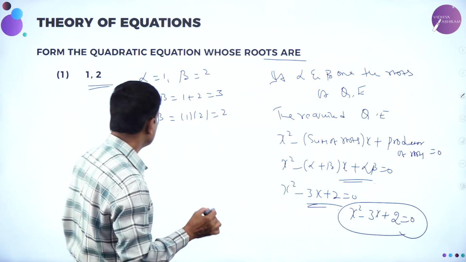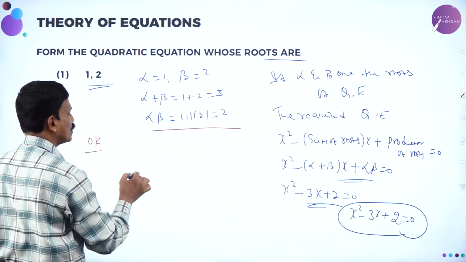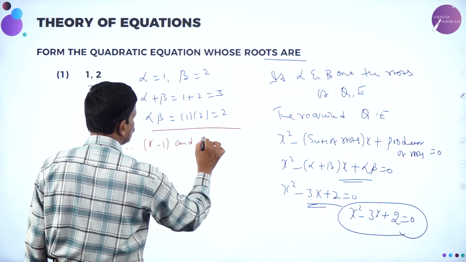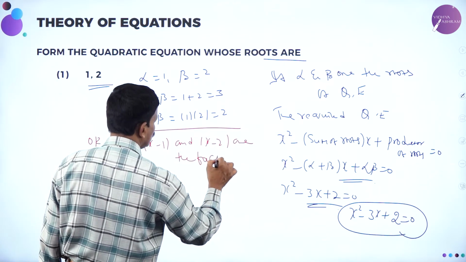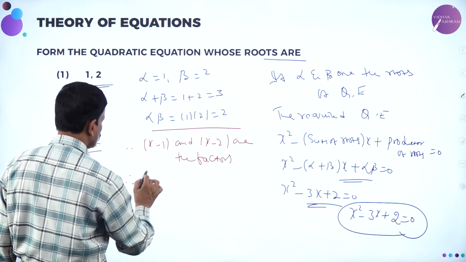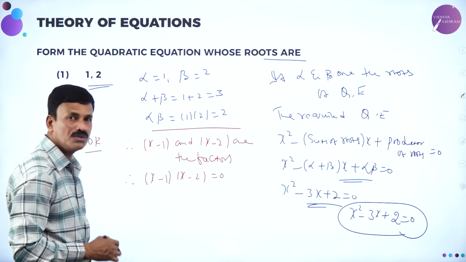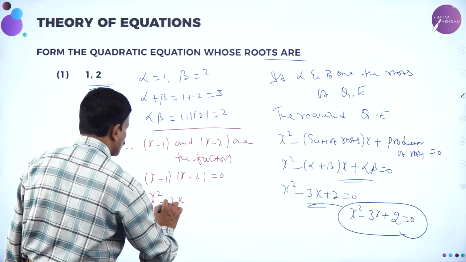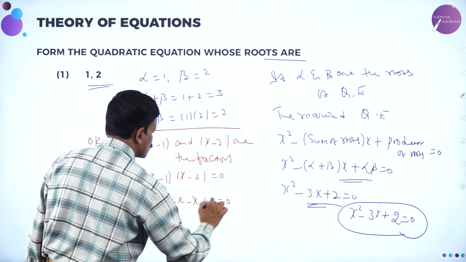Another method is also there. Since 1 and 2 are the roots, therefore x minus 1 and x minus 2 are the factors. So therefore x minus 1 into x minus 2 is equal to 0. Simplify this. X into x is x square, x into minus 2 is minus 2x, minus 1 into x is minus x, minus into minus plus 2 is equal to 0.